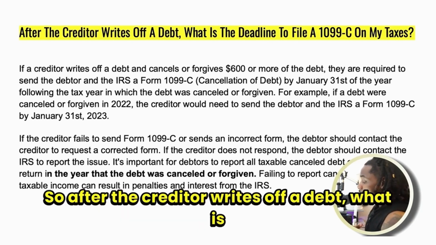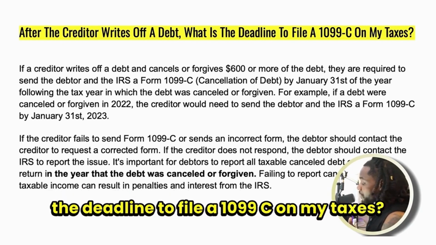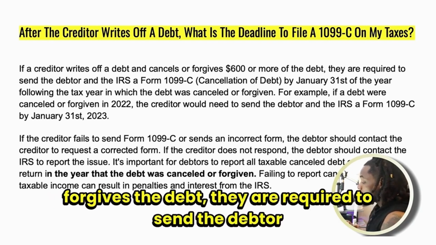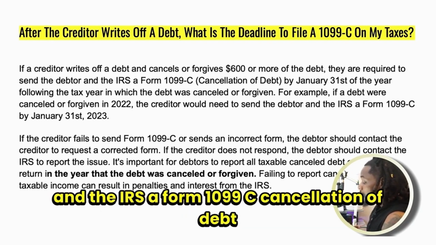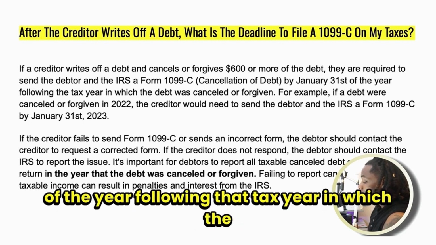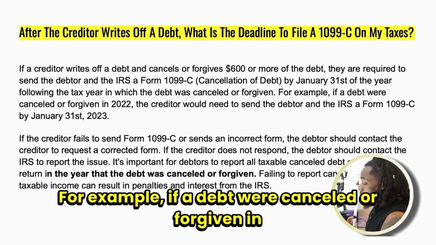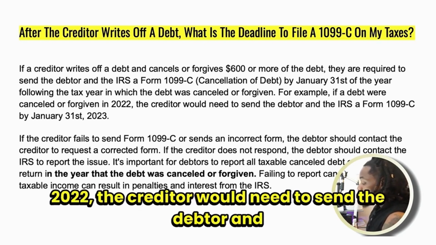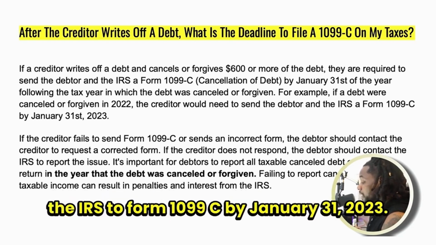So, after the creditor writes off a debt, what is the deadline to file a 1099-C on my taxes? If a creditor writes off a debt and cancels or forgives the debt, they are required to send the debtor and the IRS a Form 1099-C cancellation of debt by January 31st of the year following the tax year in which the debt was canceled or forgiven. For example, if a debt were canceled or forgiven in 2022, the creditor would need to send the debtor and the IRS a Form 1099-C by January 31st, 2023.